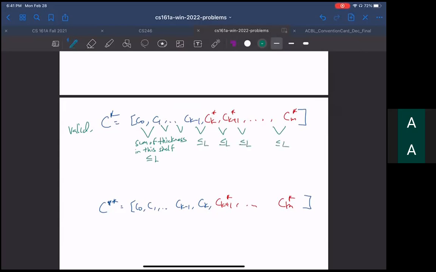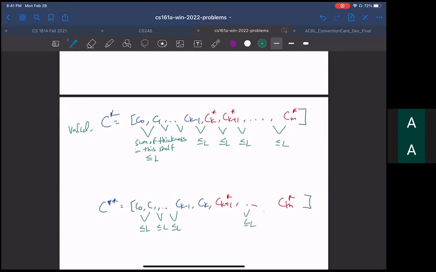Okay, can we say the same thing about C star star? Is the sum of the thicknesses of the books in each shelf also valid? Well, we know that the books between C0 and C1 are less than or equal to L. So we do know that this is less than or equal to L. And notice that we can make the same claim pretty much about every shelf, right? Because C star star is almost identical to C star.